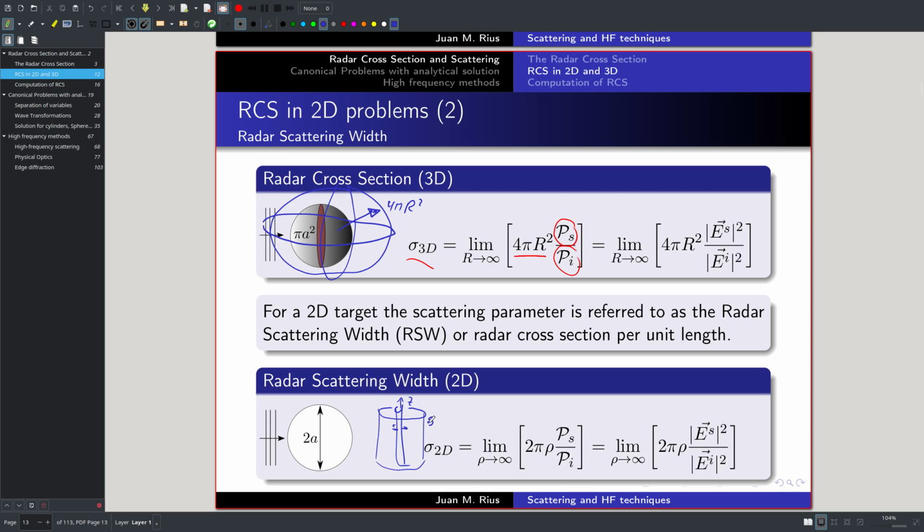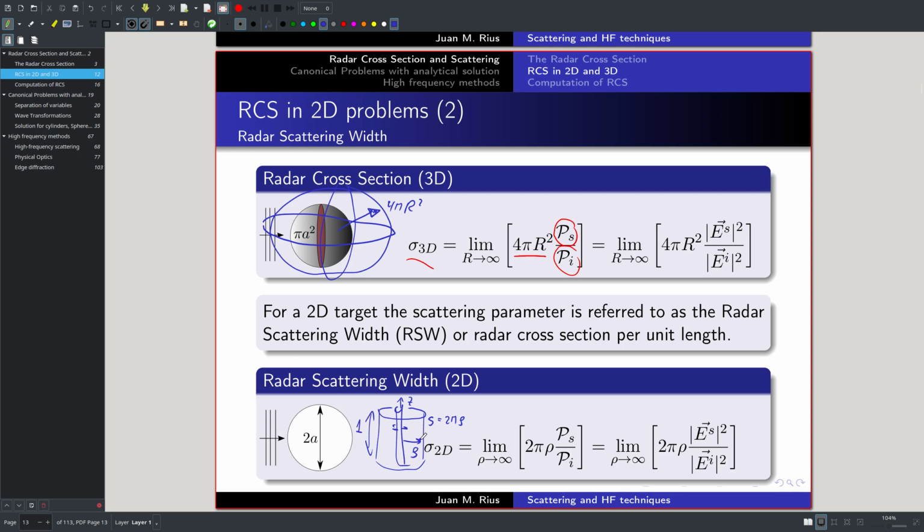So the surface here is equal to the radius of the scattering cylindrical wavefront, which is rho, times 2 pi, which is the circumference of the cylindrical wavefront, times the height of the wavefront.